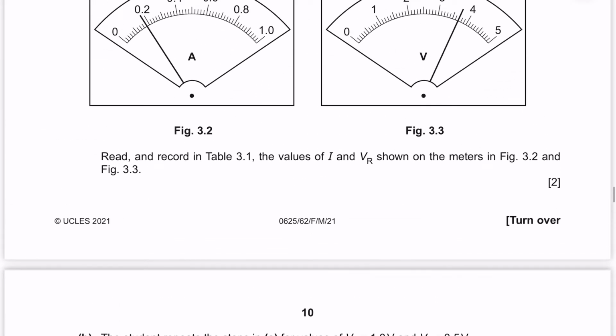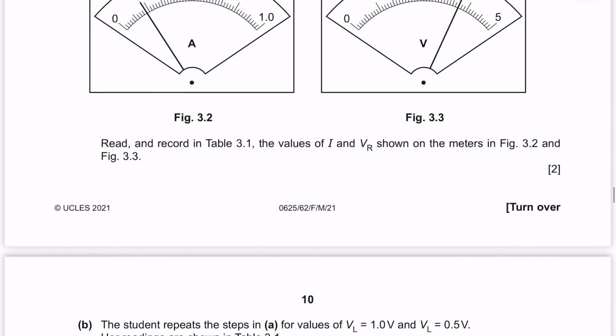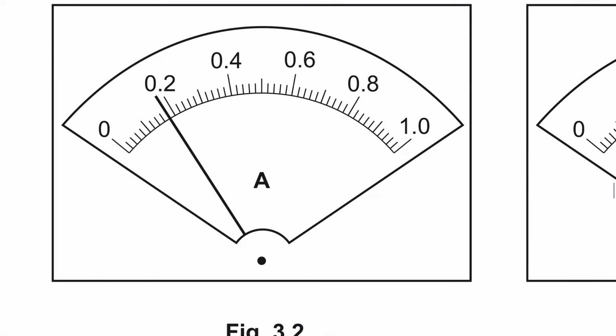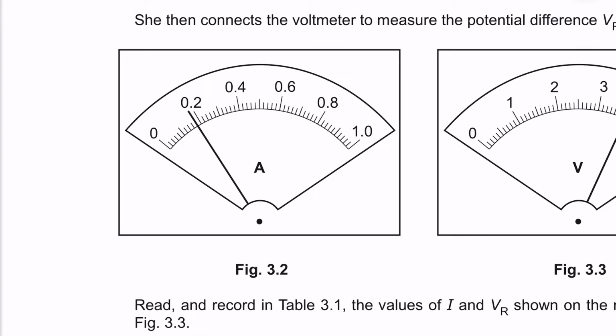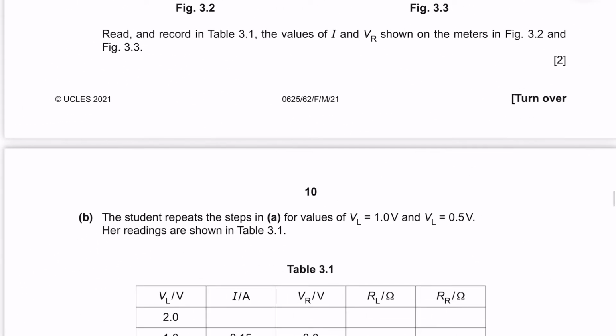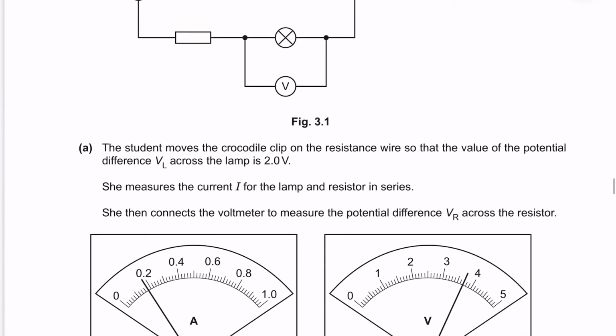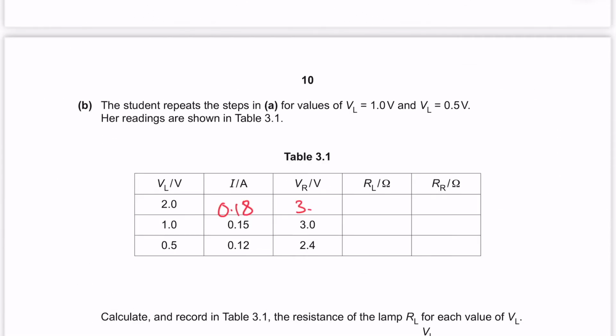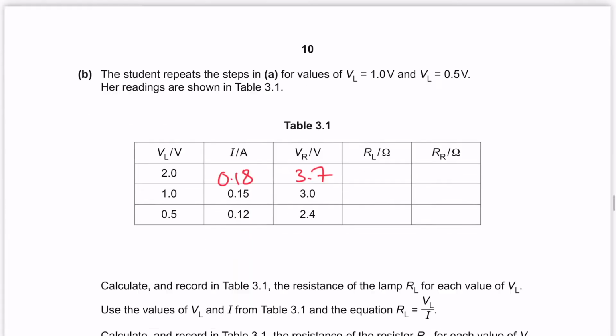Okay, so I in figure 3.2 is 0.18. So we'll write 0.18. VR is 3.7.